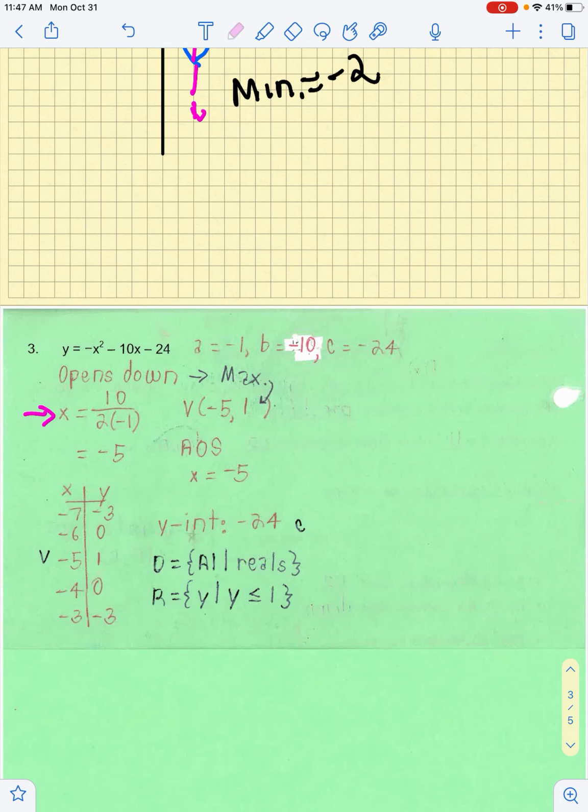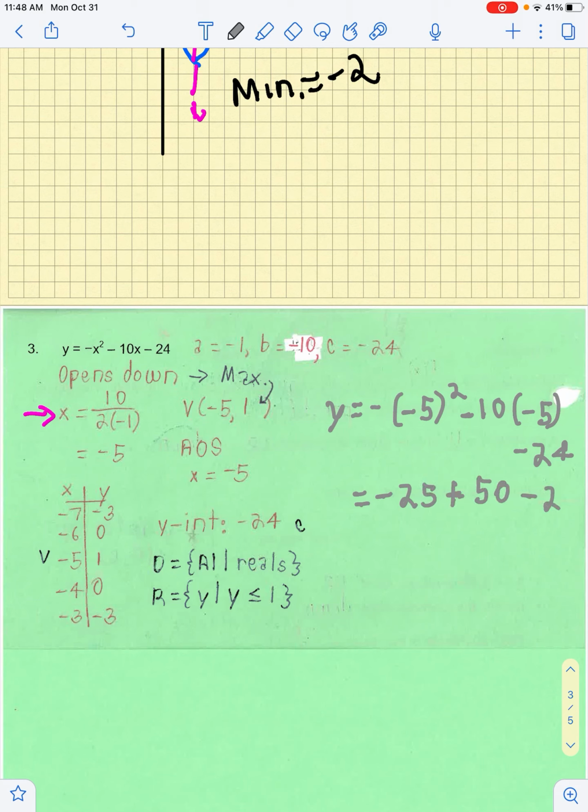And then again, we can find the y-coordinate if we want by plugging into our function. That would be like this, the opposite of -5 squared, minus 10 times -5, minus 24. If I simplify that, you square the -5, that's 25, but the opposite means -25, plus 50, minus 24.